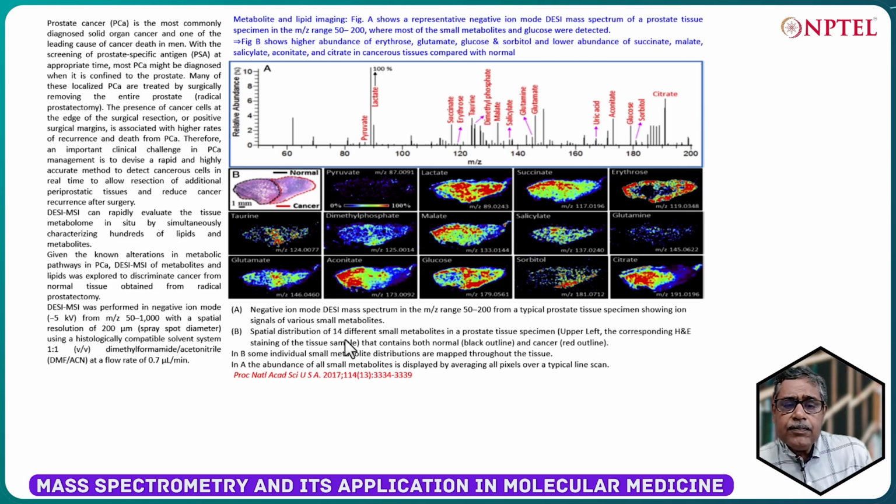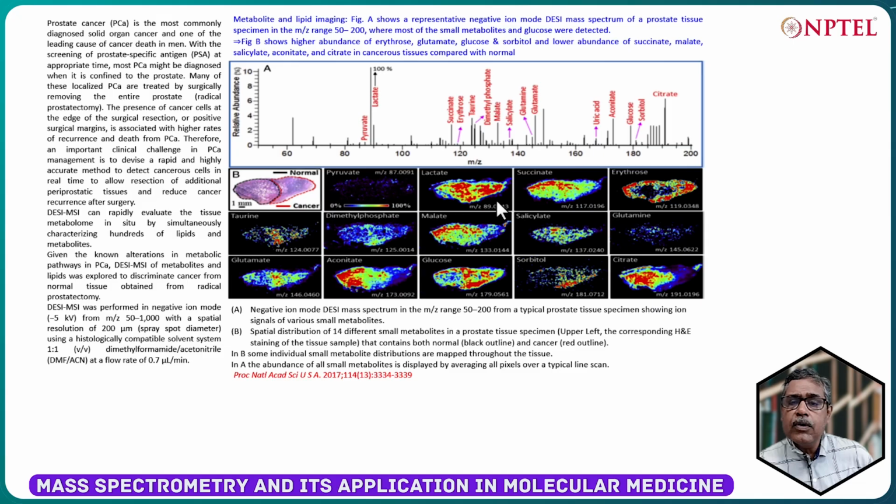In B, some of the individual metabolite distributions are mapped throughout the tissue, which is what I am showing here. And in A, the abundance of small metabolites is displayed by averaging all pixels over a typical line scan. So, this is basically a mass spectrum showing relative abundance; the y axis gives relative abundance and the x axis is m/z.